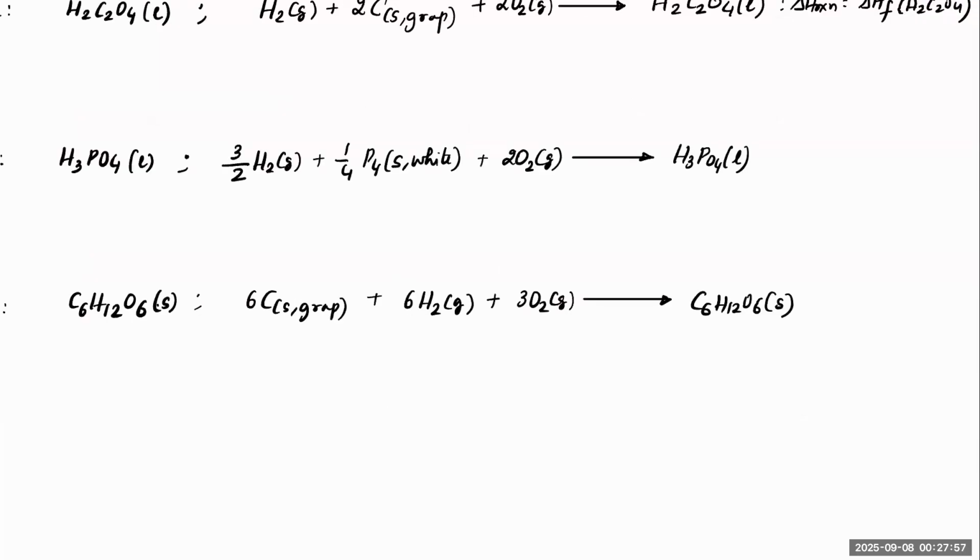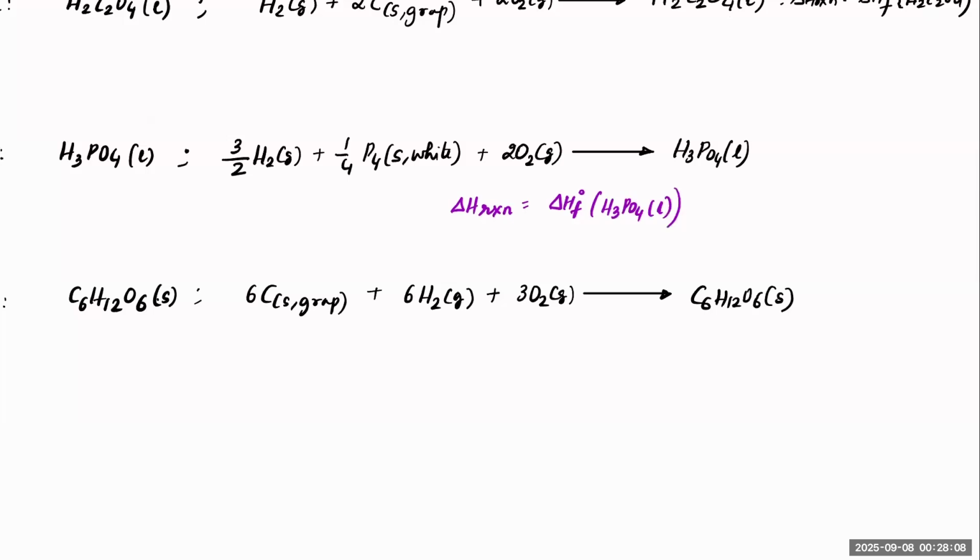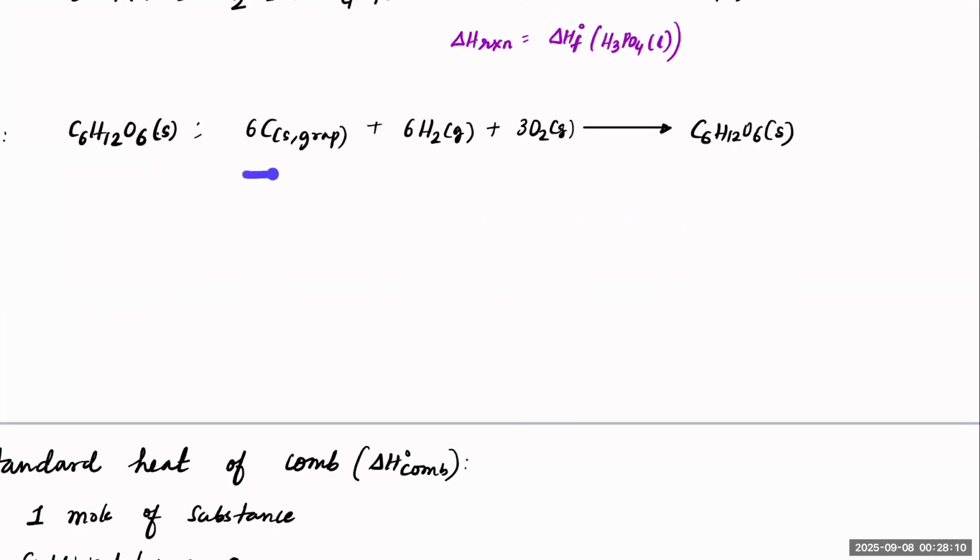Here also, delta H of the reaction is equal to delta H of formation of H3PO4 liquid. Next, 6 moles of carbon graphite plus 6 moles of hydrogen and 3 moles of O2 give 1 mole of glucose. So here also, delta H of the reaction is equal to delta H of formation of C6H12O6 in solid state.